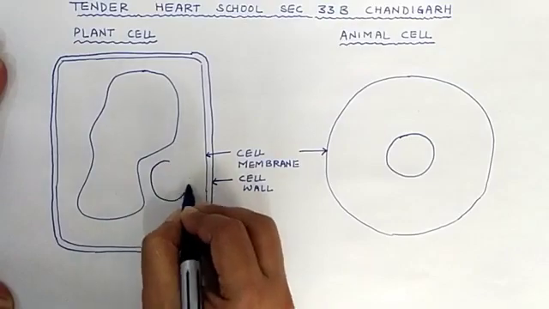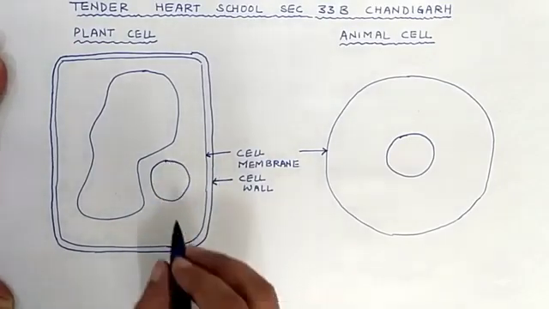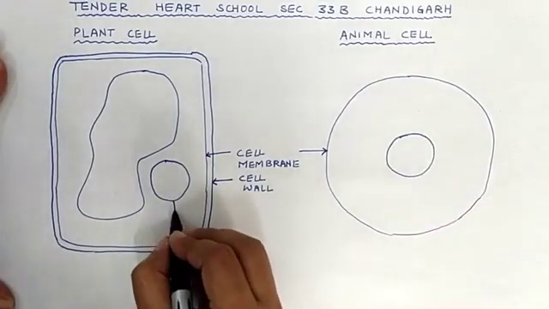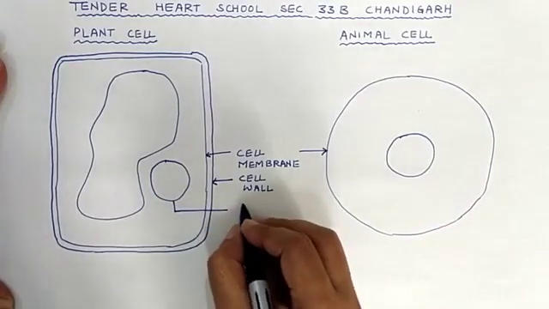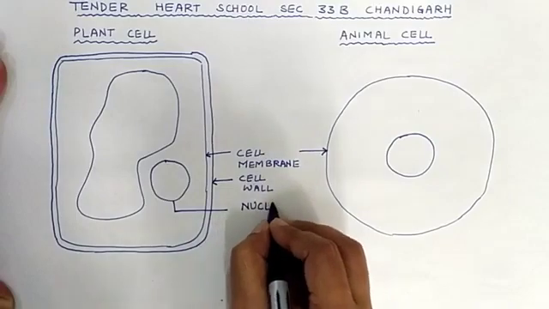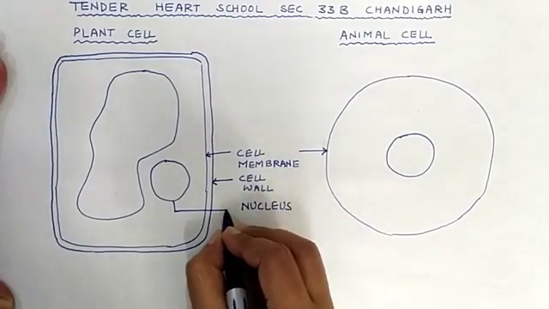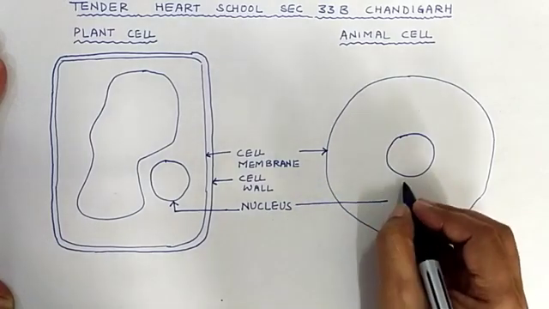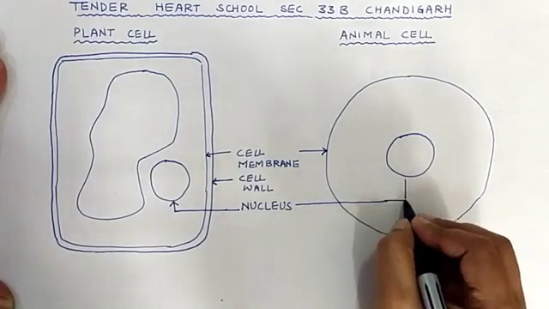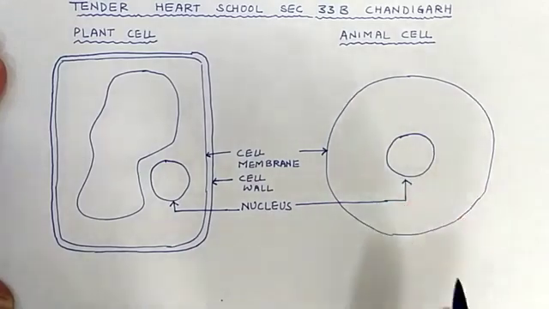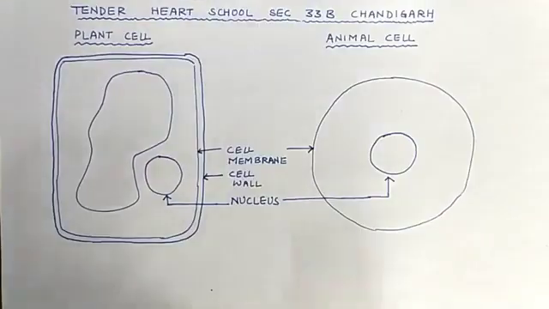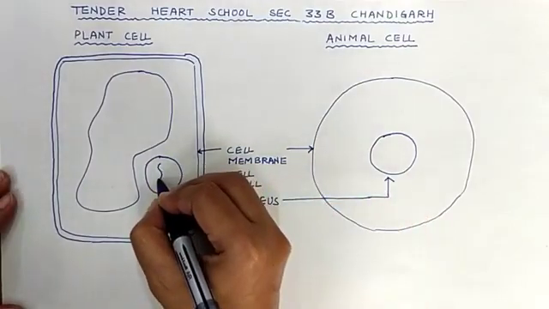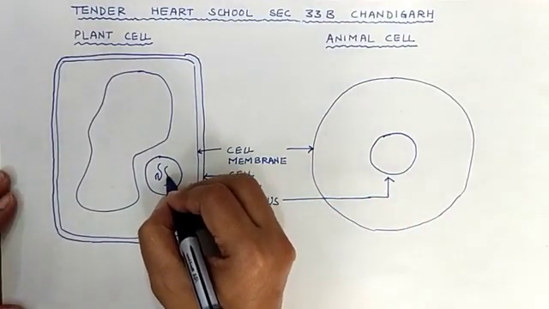So on one side you can show the nucleus. This is the nucleus of the plant cell, this is the nucleus of the animal cell. So we can just label it. This is the nucleus, and similarly in the animal cell, this is the nucleus, right?